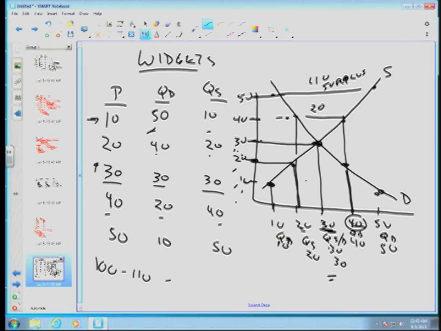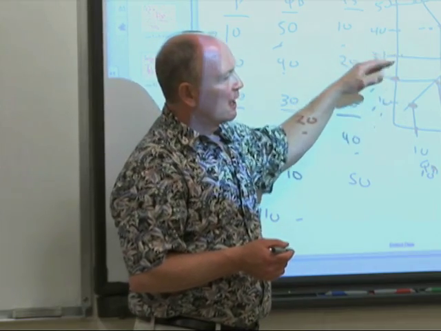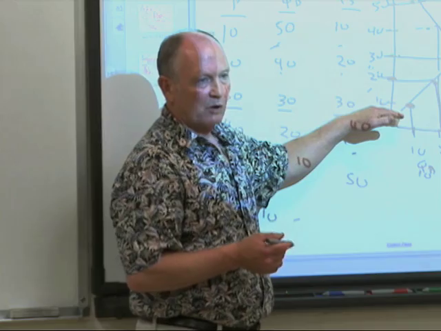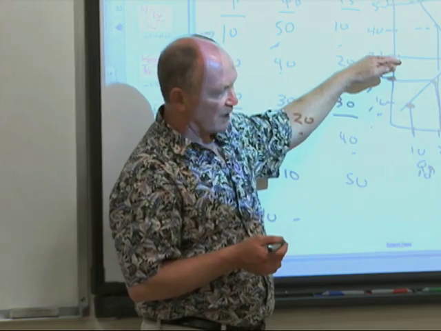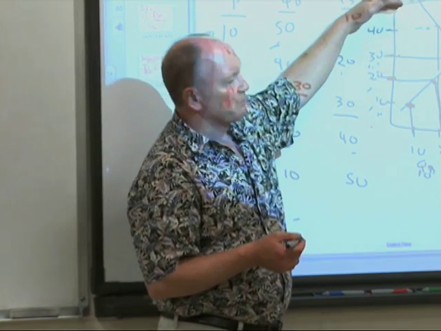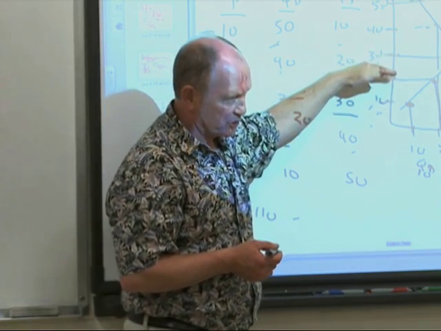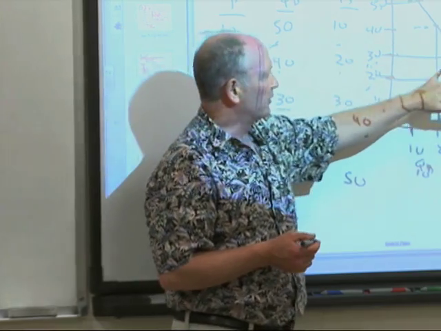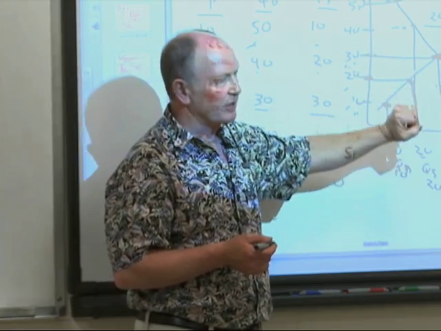So over the course of time, all other things remaining the same, prices below equilibrium will cause a shortage and will result in the price rising. Prices above equilibrium will cause a surplus and will result in the price falling, okay? And unless something else changes, once we reach equilibrium, we'll stay there, okay?